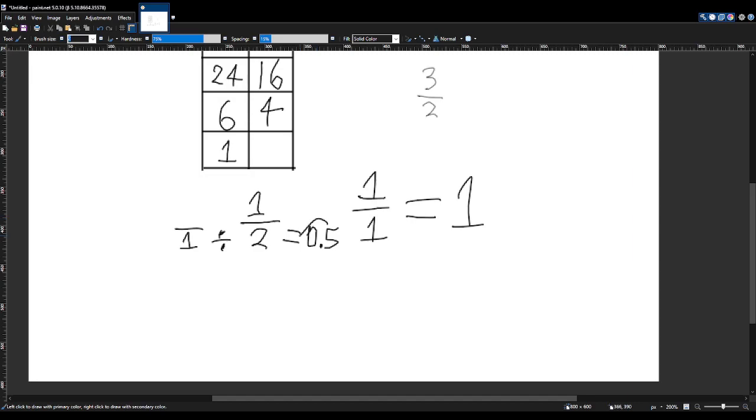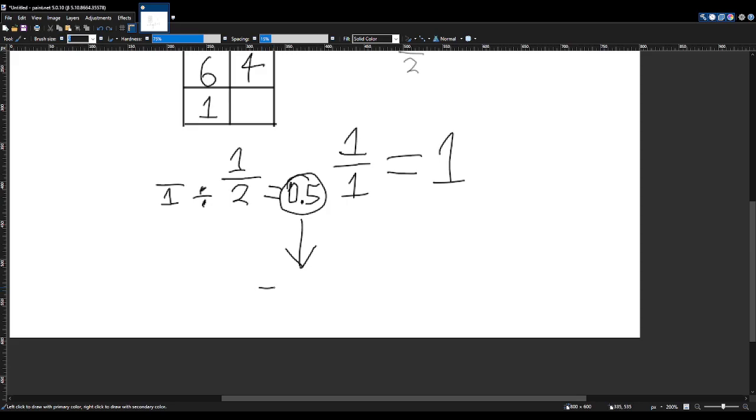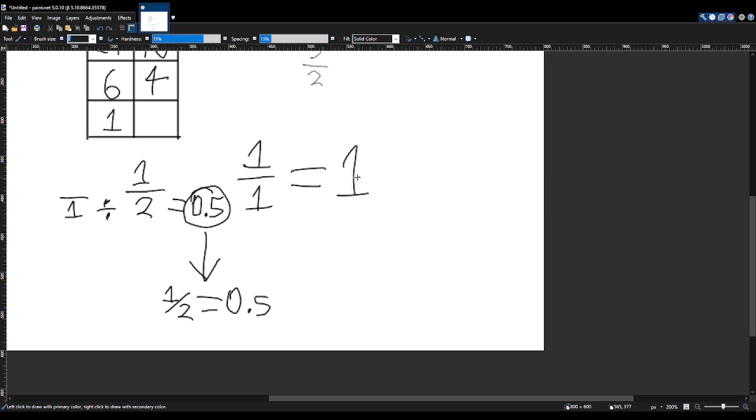So this is what it's going to be as a normal number, not fraction form. 1/2 equals 0.5, since the whole number is 1.